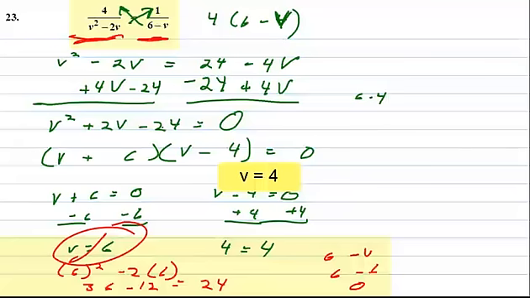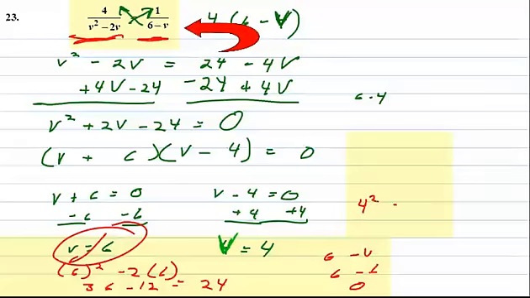Now, what about, for some reason, I really wanted that to be a 4. That's the second time I wrote 4 instead of v. What about when v equals 4? Well, going back up here, we get 4 squared minus 2 times 4. So that's 16 minus 8.